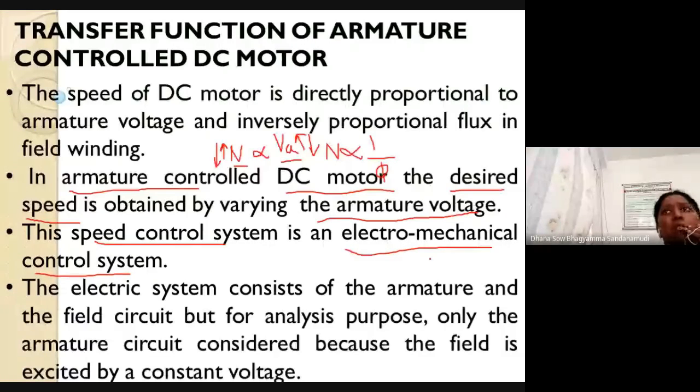The motor whose speed is varying will have a shaft.